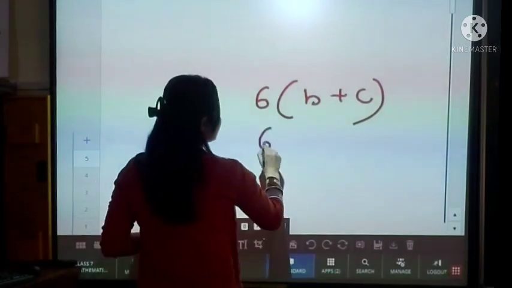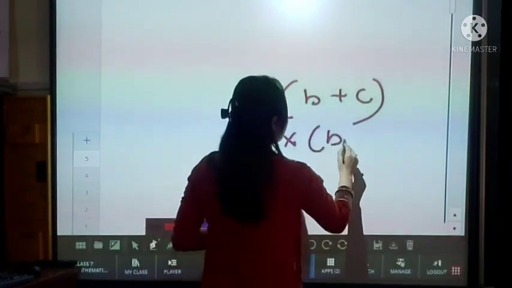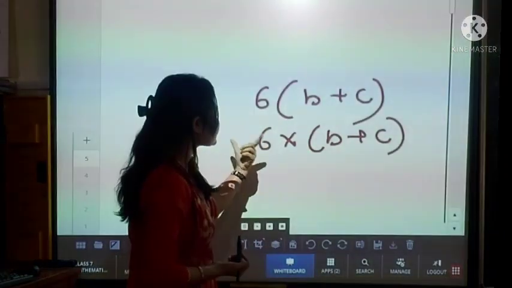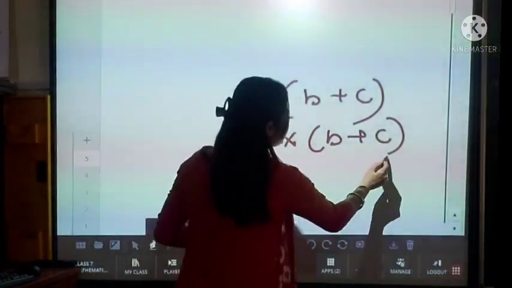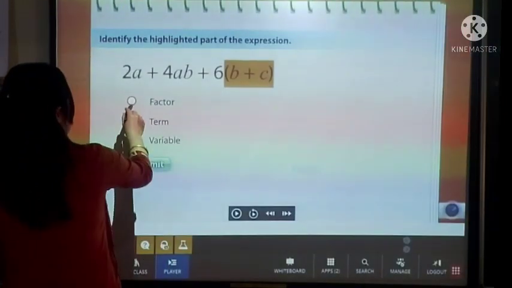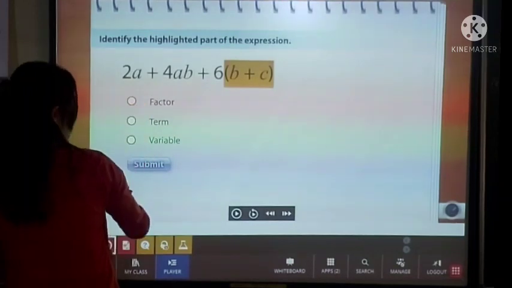We can write this as 6 into b plus c. That means this is a factor, a factor of 6 into b plus c. So we can say b plus c is a factor, and we already have the option factor. So the answer is factor.